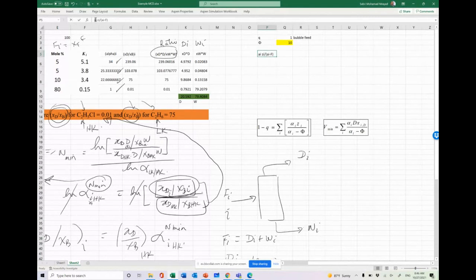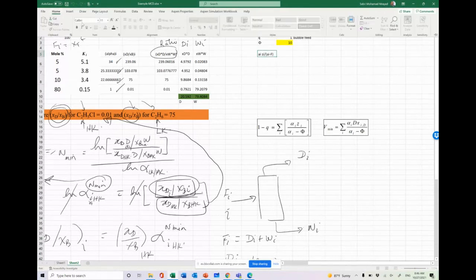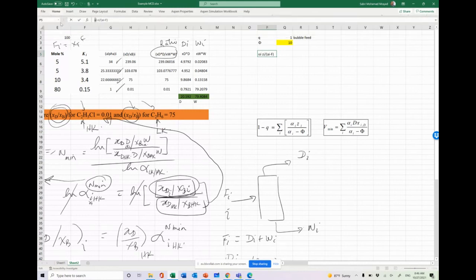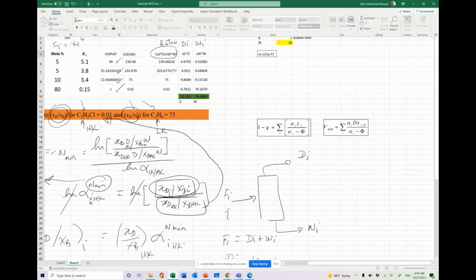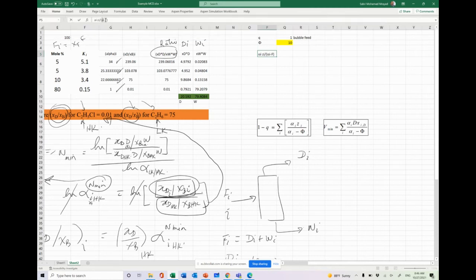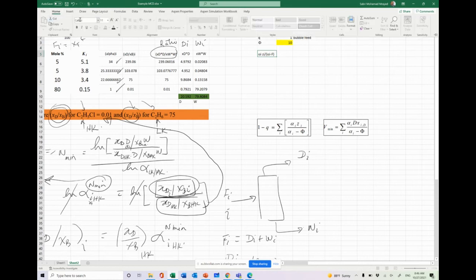I will choose this one to be symbol here, also here, and this one is going to be symbol as well. So you know what I'm trying to do.